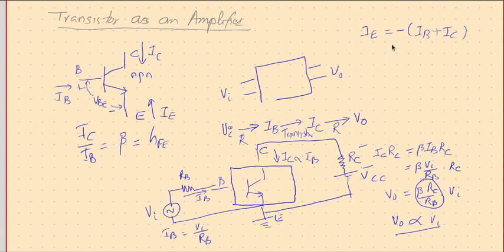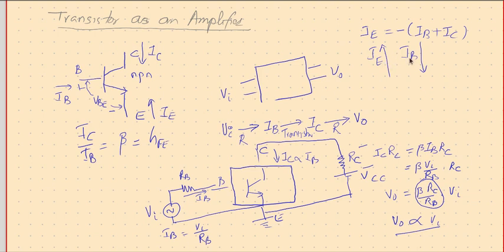Now, if you just imagine, what is it? IB is very small, IE is very large.